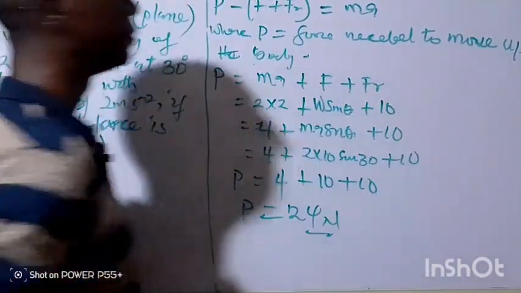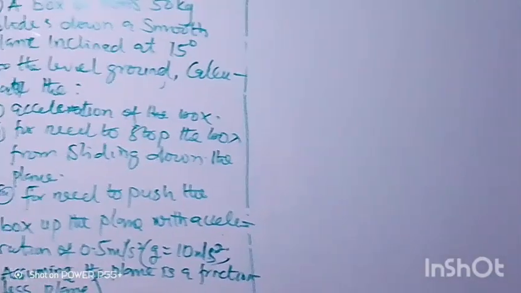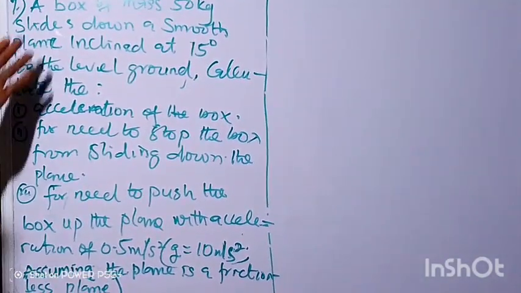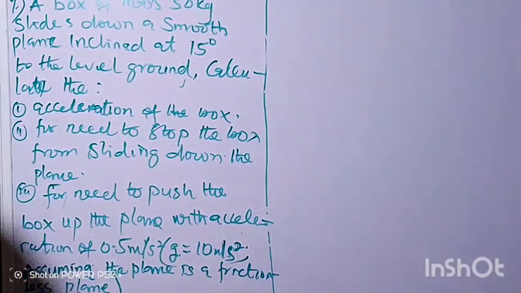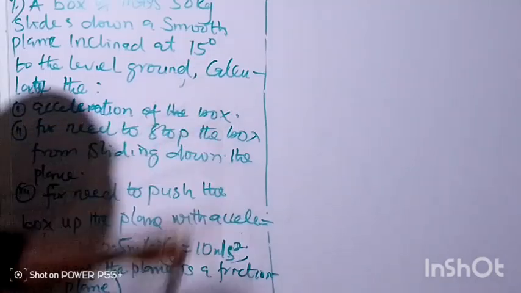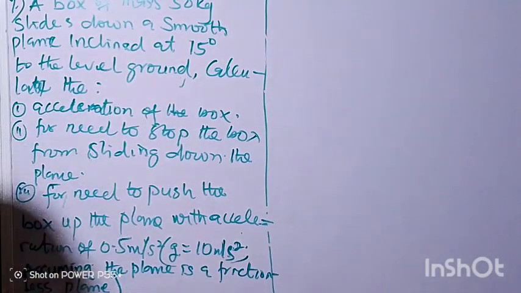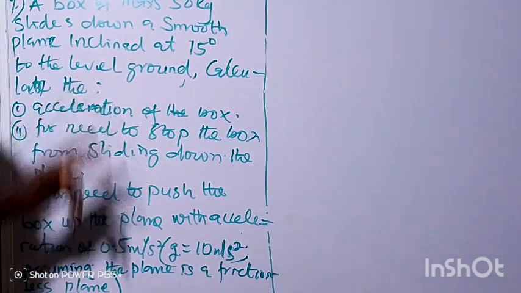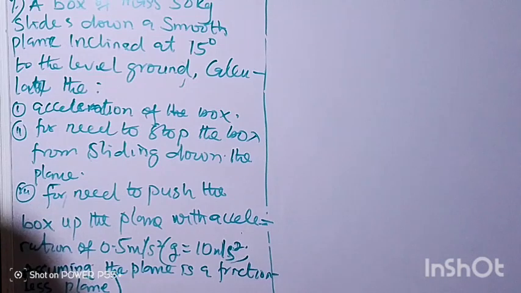Now let's take this one as example 7. A bus of mass 50 kg slides down a smooth plane inclined at 15 degrees to the level ground. Calculate the 1. Acceleration of the bus. 2.